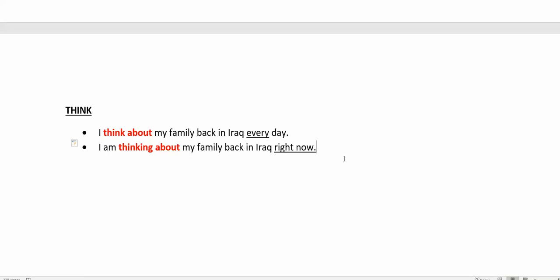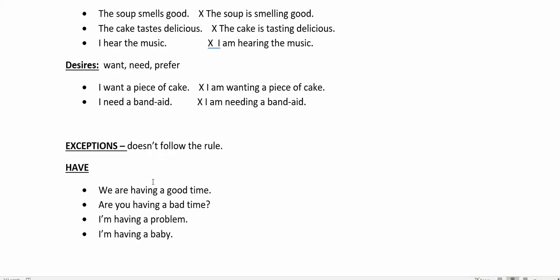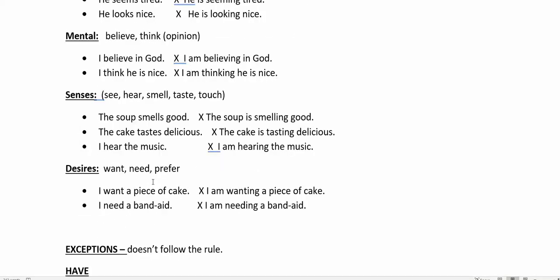Now we have taste and smell. If you remember my examples up here, the soup smells good.